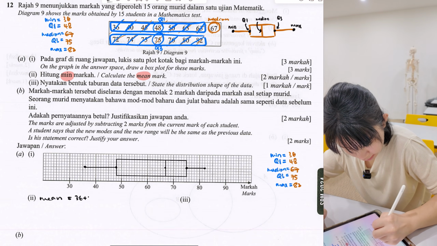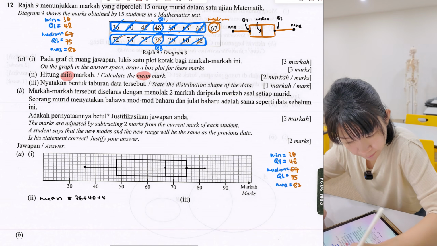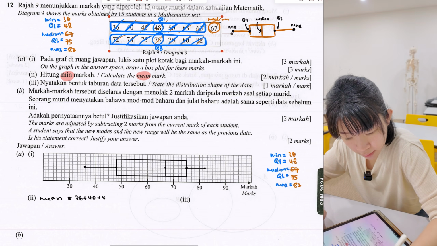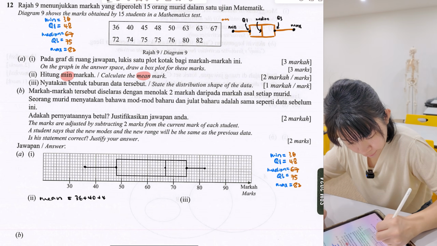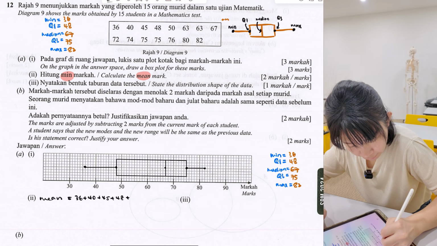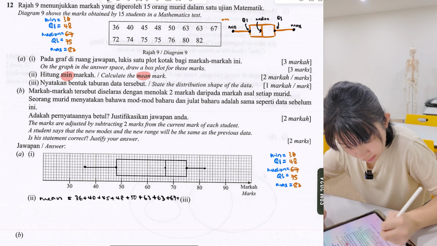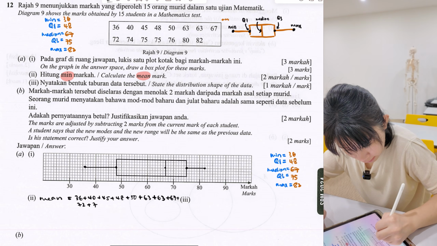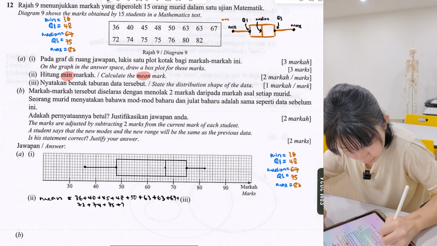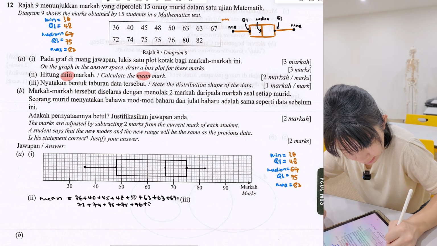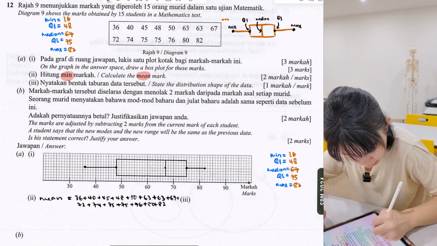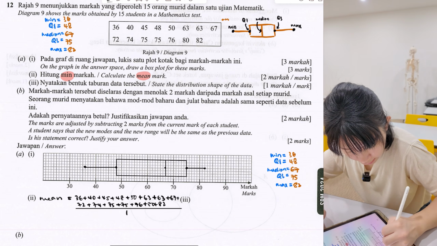To calculate the mean: 36, 40, 40, 45, 48, 50, 63, 63, 67, 72, 74, 75, 75, 76, 80, and 82. Divide by 15.